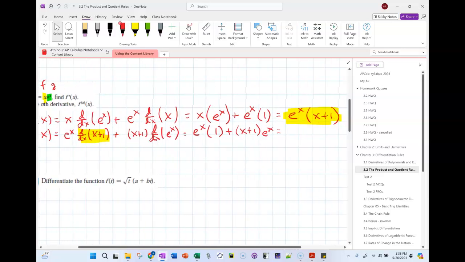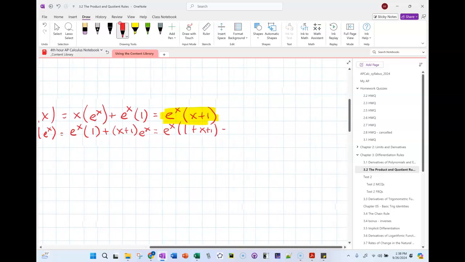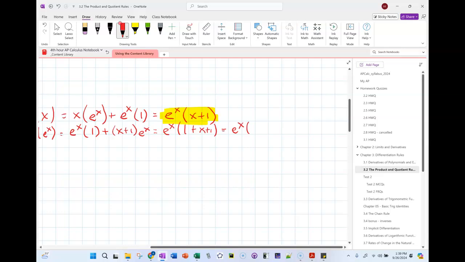And I notice here again that I have a greatest common factor of e to the x. So when I factor that out, I'd have e to the x times x plus 2. So far, so good.